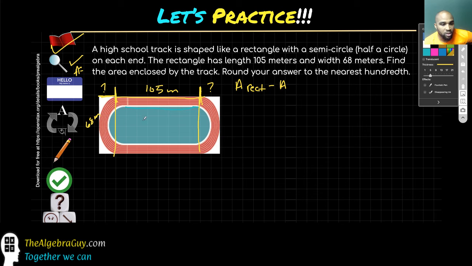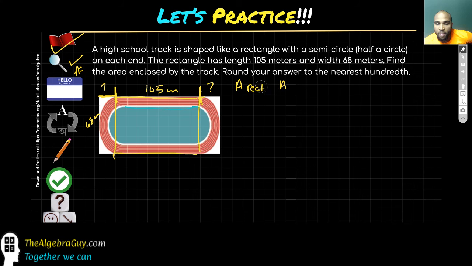We've got a track that's a rectangle. If we look at this yellow part here, there's a rectangle. So what's the area of this rectangle? Well, that's going to be 105 times this height, which is 68.